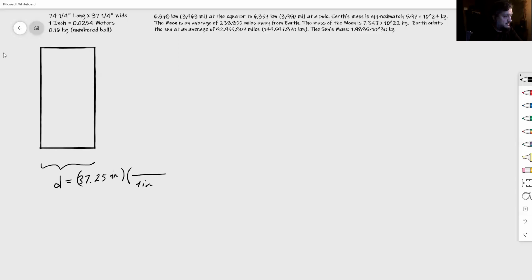So 1 inch is 0.0254 meters. And let's see, 37.25 times 0.0254. It's about 0.946, let's say 0.95 meters.